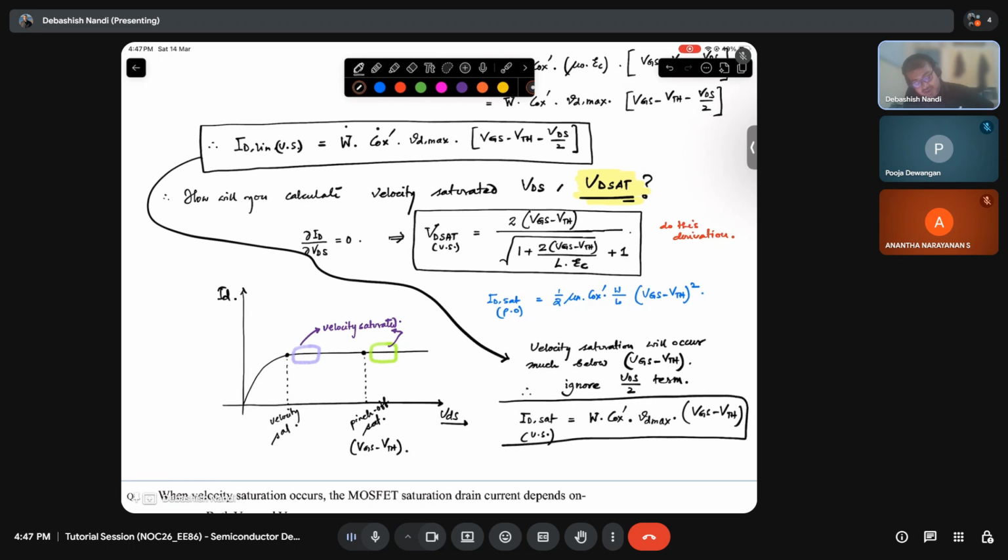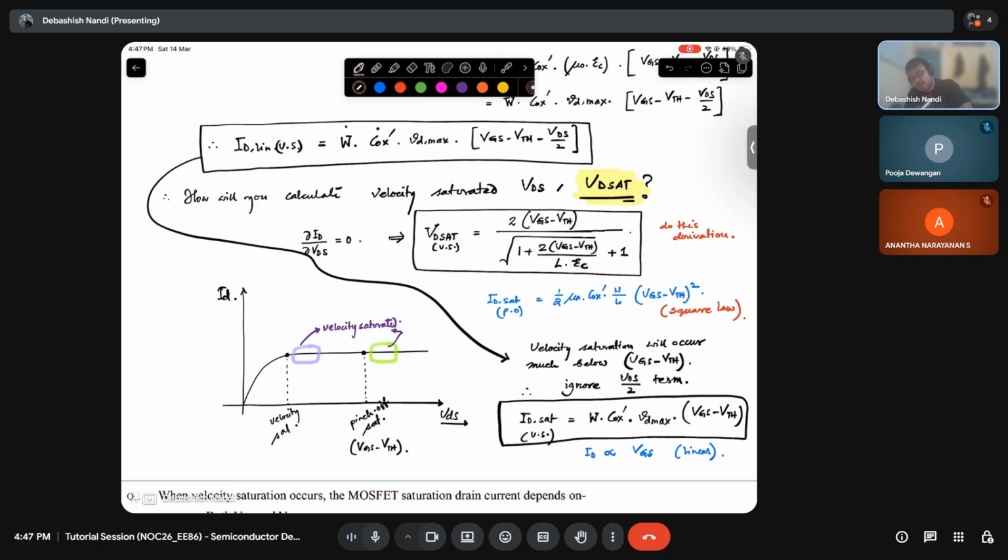So what is the difference? In velocity saturated drain current, ID is proportional to VGS, linear. Whereas in pinch off saturated current, this was square law, right?